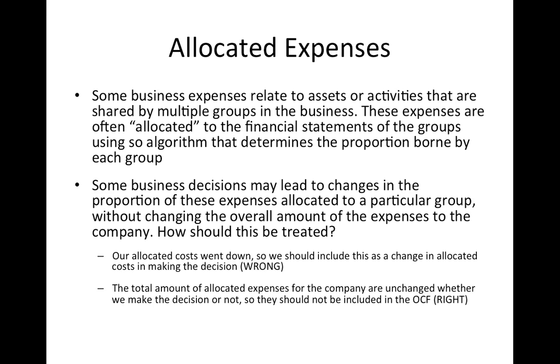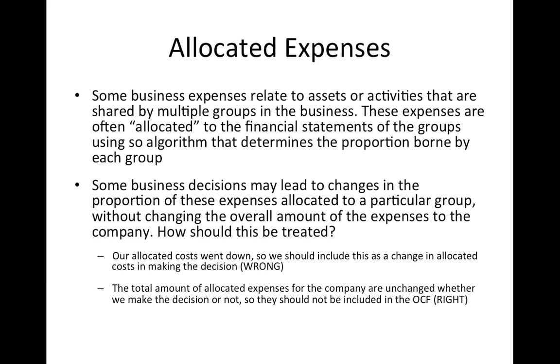And the bottom line there is that those allocated expenses didn't change in total at all. And so on an incremental basis, let's just imagine a scenario where we did nothing, and we calculate out, not as part of the cash flows, what the allocated expenses are.